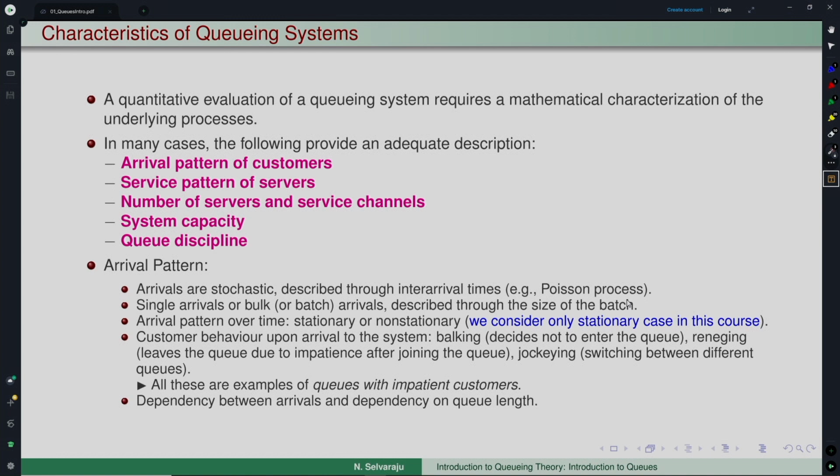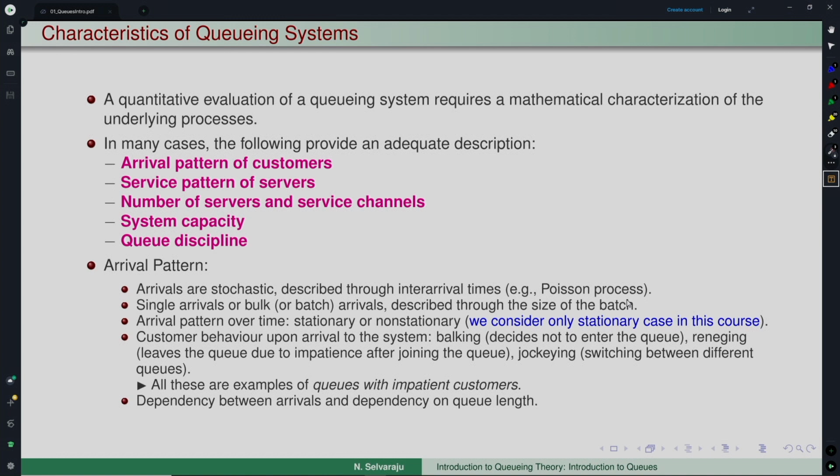And again, arrivals could be single arrivals or bulk or batch arrivals. It could mean people come one by one, or, in the case of a bus or train arriving at a station, the arrivals happen in bulk.